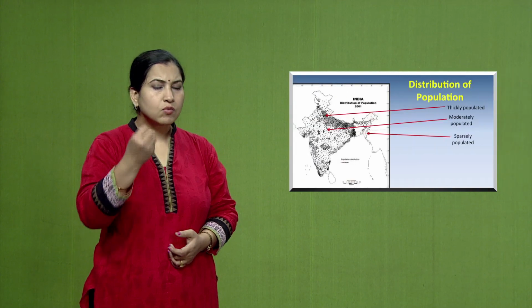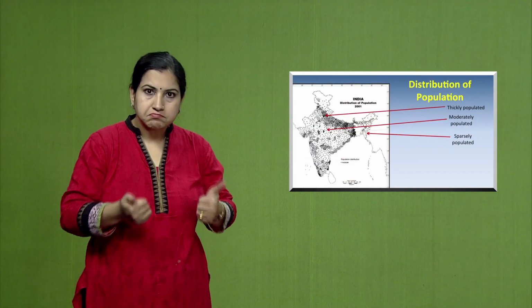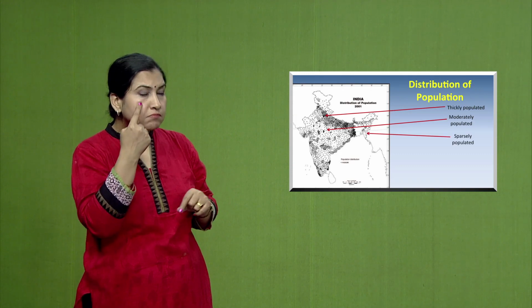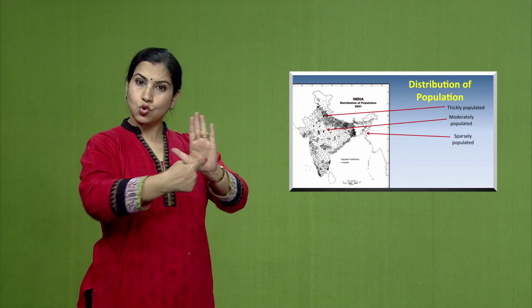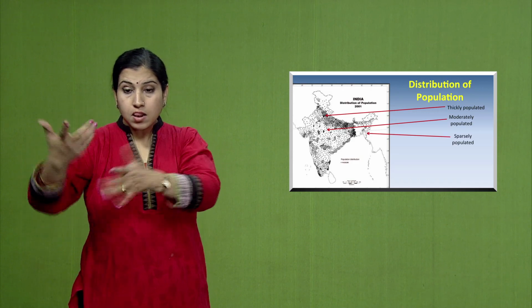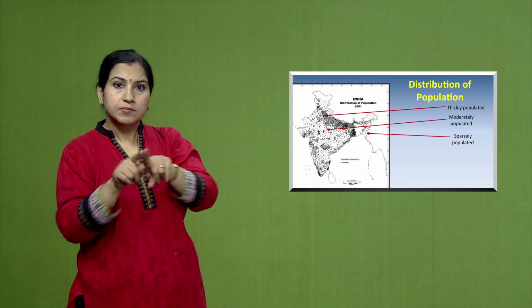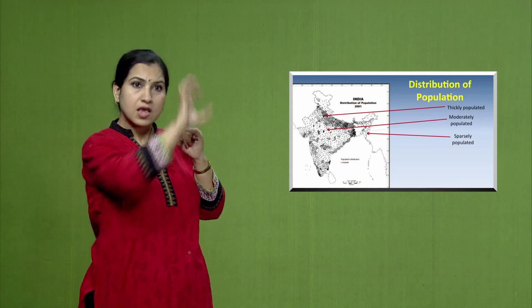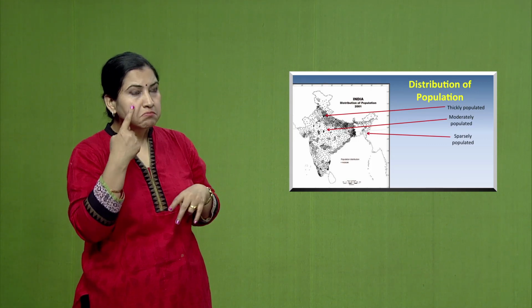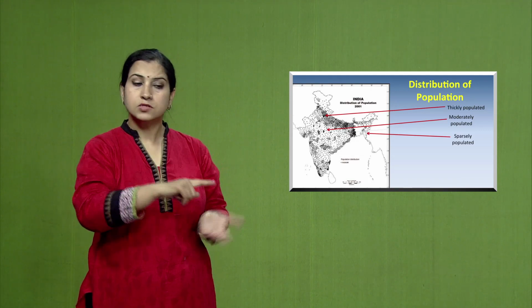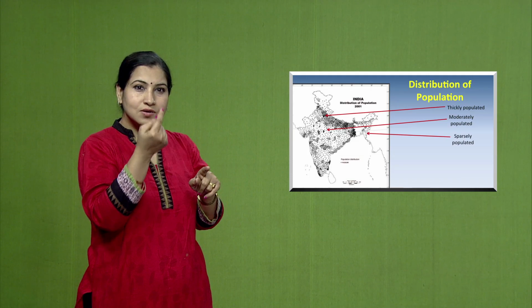You will find it very interesting when you look at the map of India. It shows how the population of India is spread across various states and union territories. This has been shown through dots.